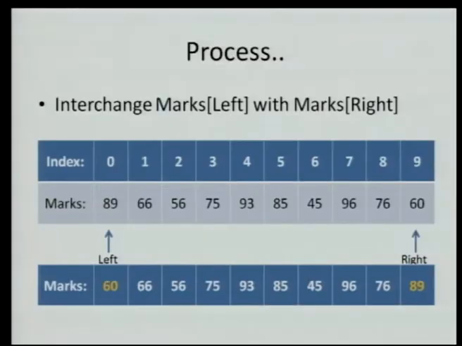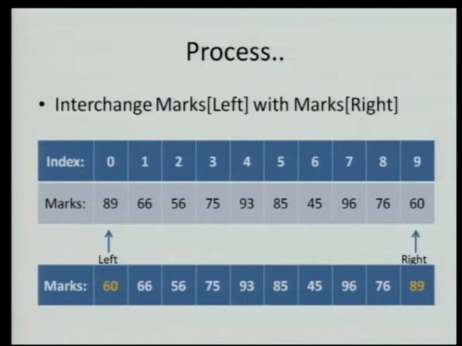But something has happened: we are now trying to develop an algorithm where, within the same array, we identify a place where left is less and right is more. That is what we want to do.